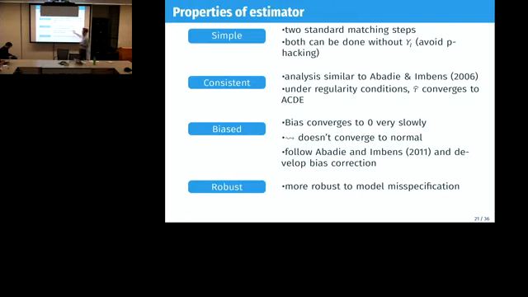If you allow the number of matches to grow with the sample size, this doesn't become a problem. So how big of a problem is this? If you tune things, maybe it's fine. It's under these assumptions about the way you do the asymptotics. So it's not clear that this is always going to be a problem, but it could be.